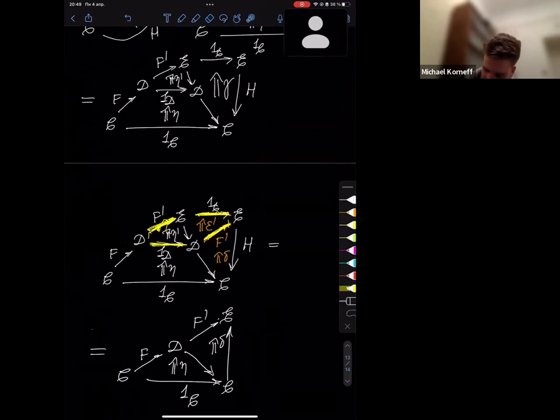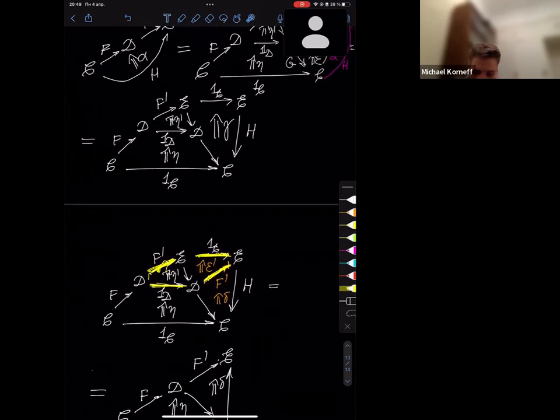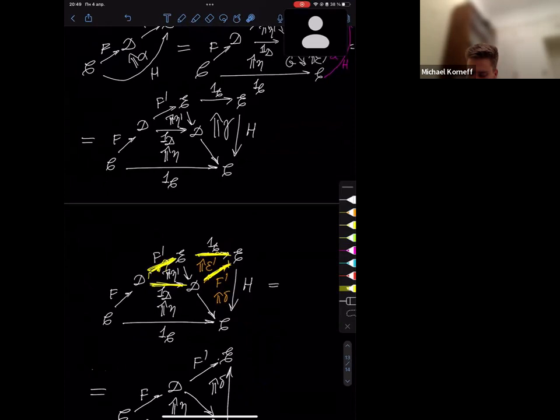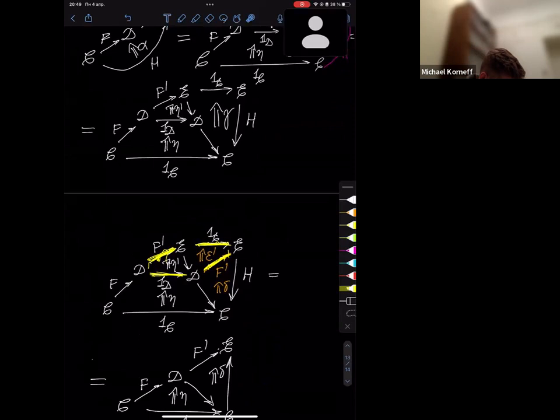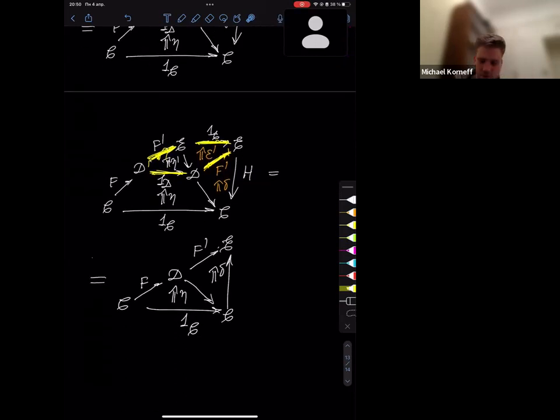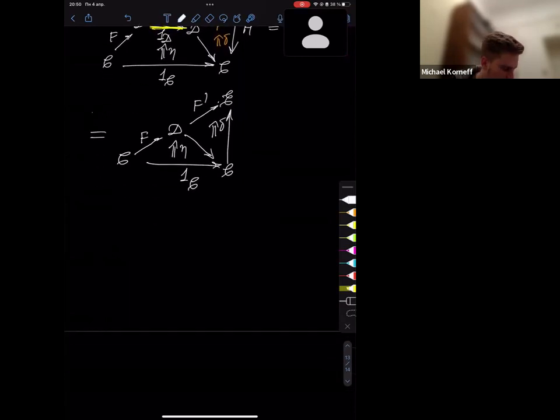And thus we have obtained that alpha has a unique factorization, and thus we've proved the theorem.